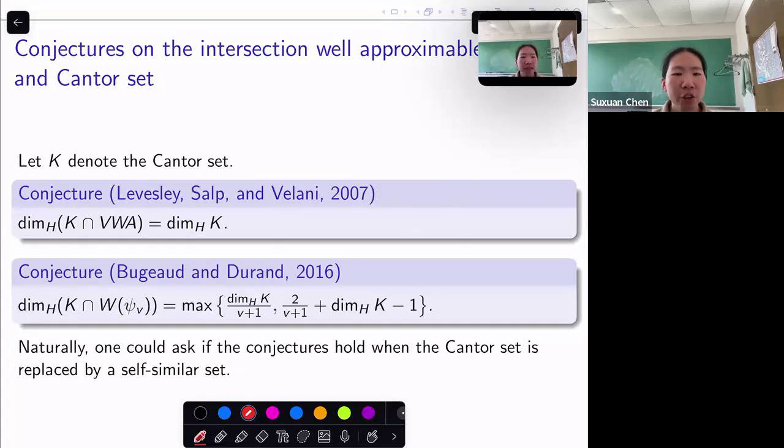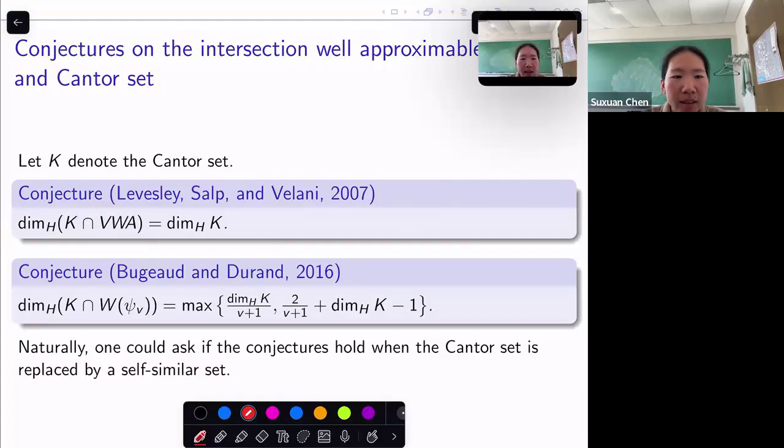And another conjecture by Bugeaud and Durand in 2016 states that the Hausdorff dimension of K intersect with W psi v is equal to the maximum of the Hausdorff dimension of the Cantor set divided by v plus 1, and 2 over v plus 1 plus the Hausdorff dimension of the Cantor set minus 1.